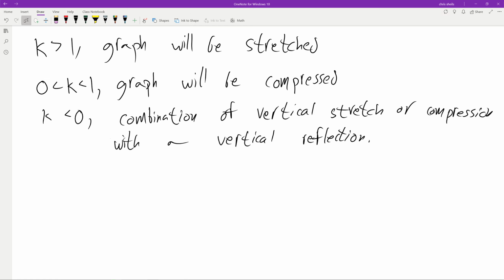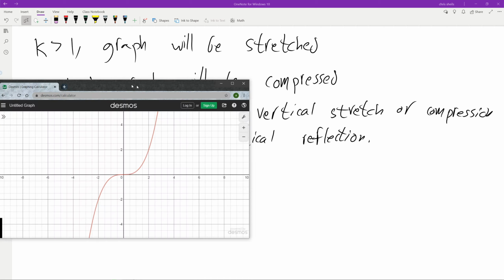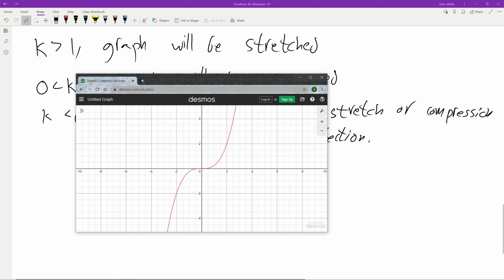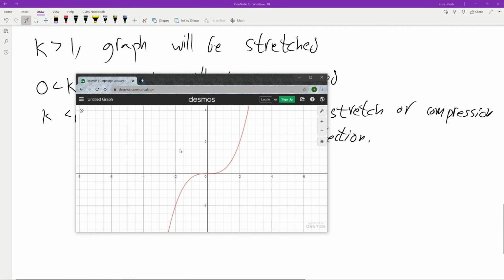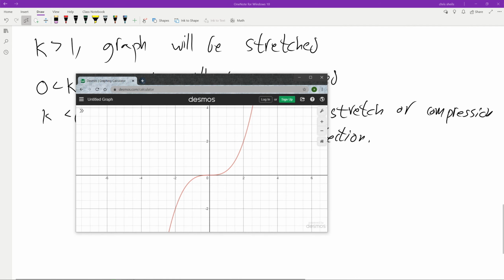Let's look at an example in a graph here. In this graph, this is a transformation of the function f of x equals x cubed.